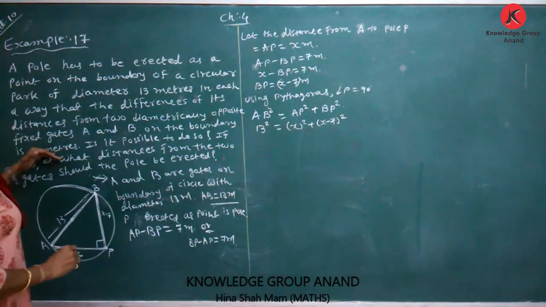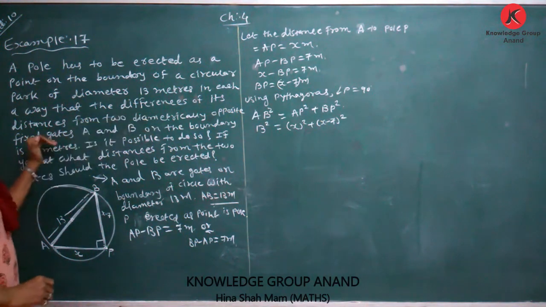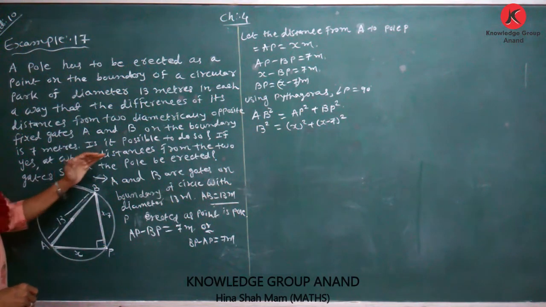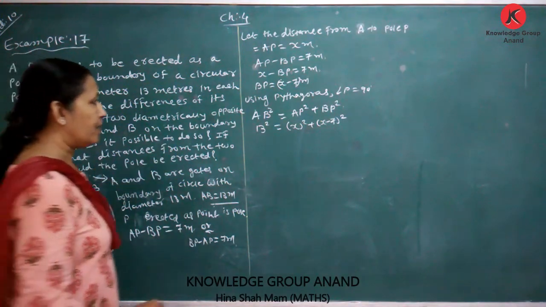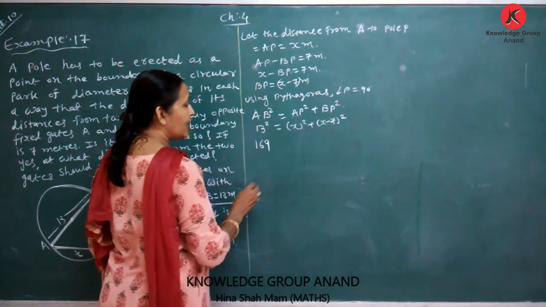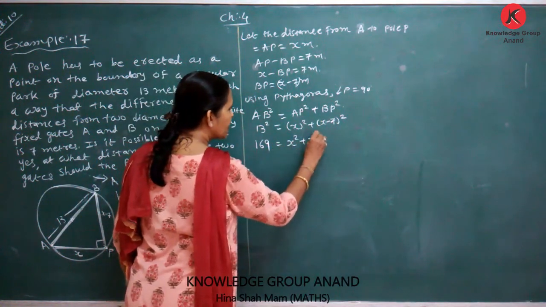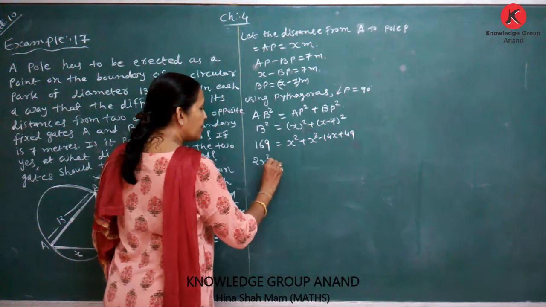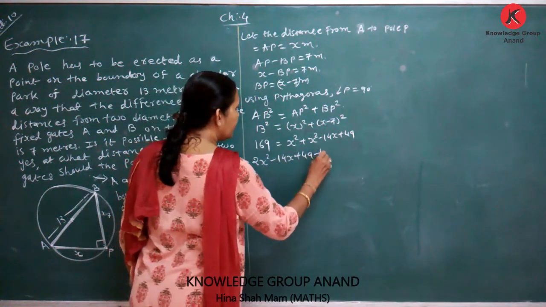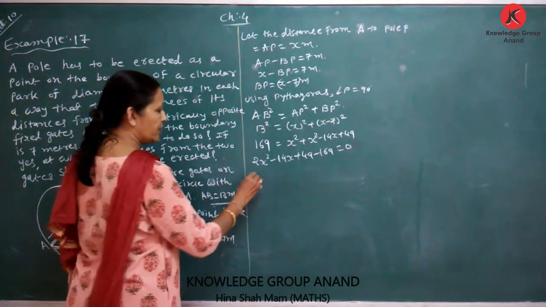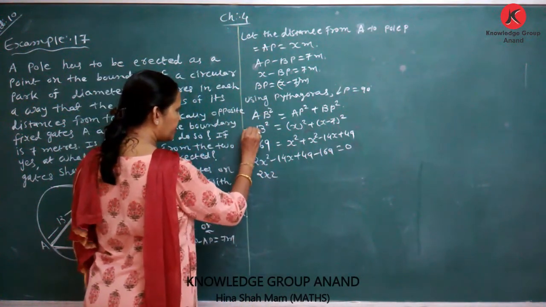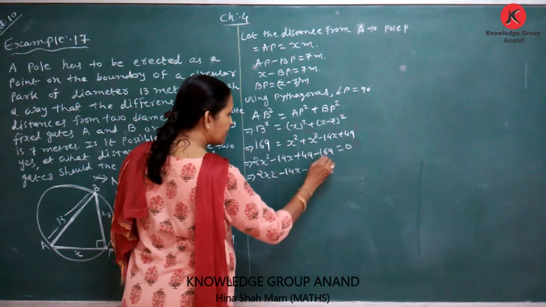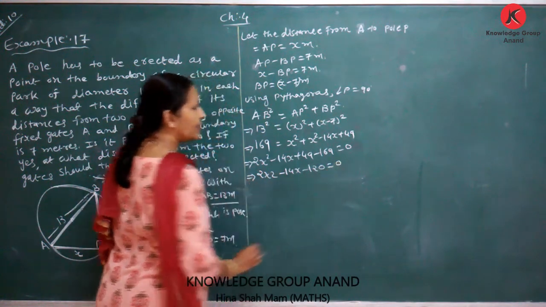Expanding, 900 = x square plus x square minus 14x plus 49. So 2x square minus 14x plus 49 minus 900 = 0, that is, 2x square minus 14x minus 851 = 0.